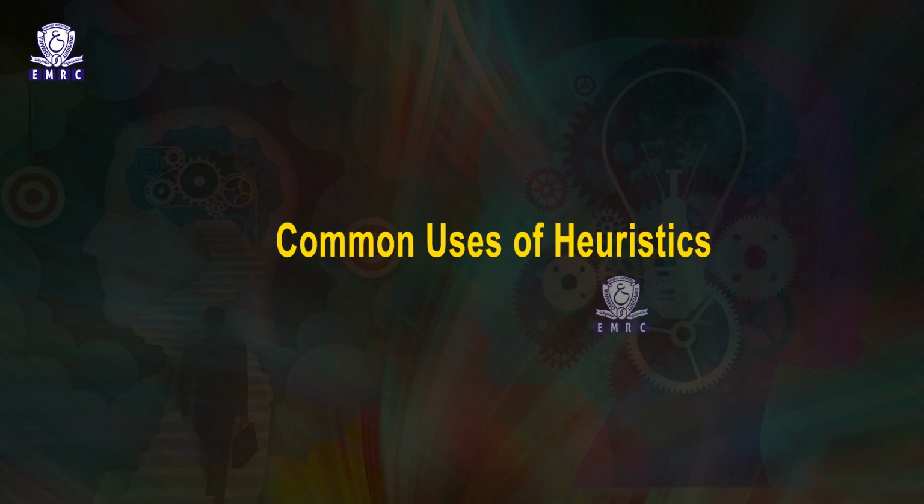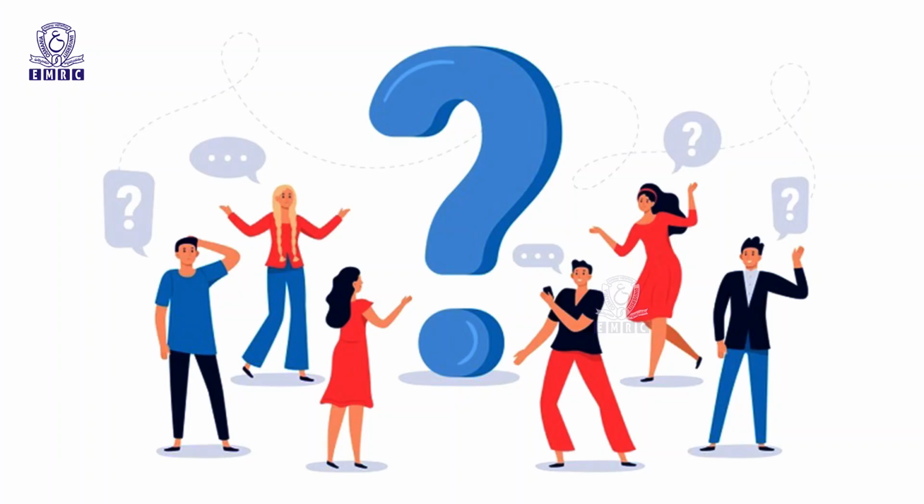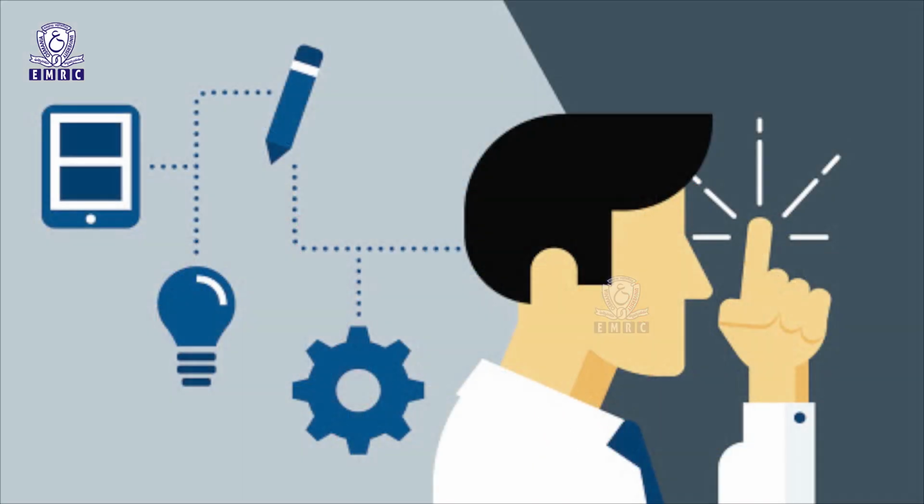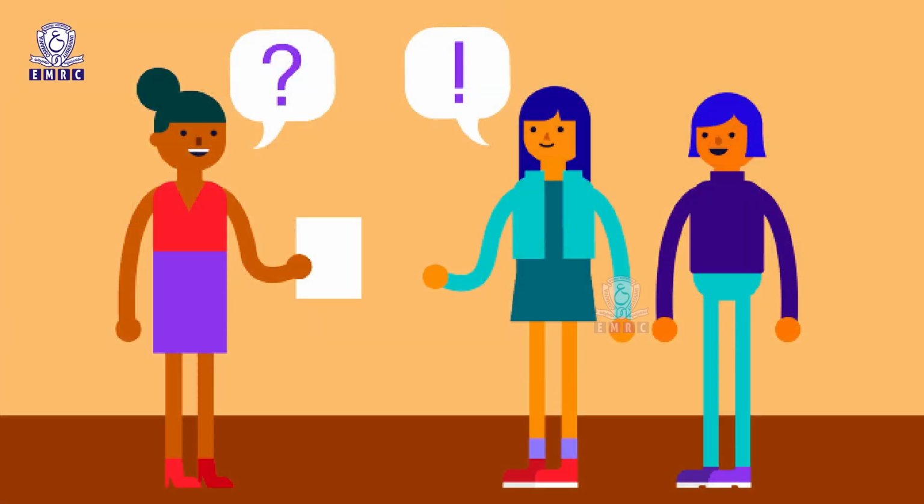The common uses of heuristics are: heuristics play important roles in both problem solving and decision making. When we are trying to solve a problem or make a decision, we often turn to these mental shortcuts when we need a quick solution.